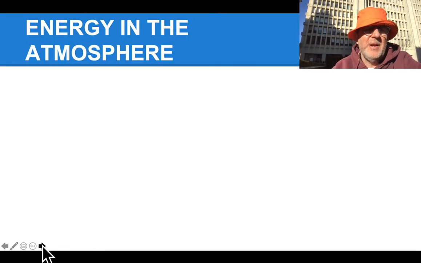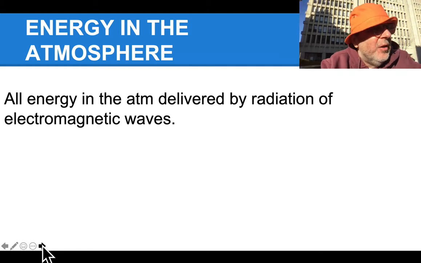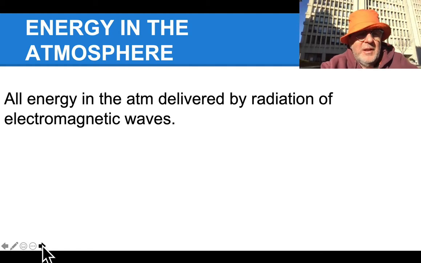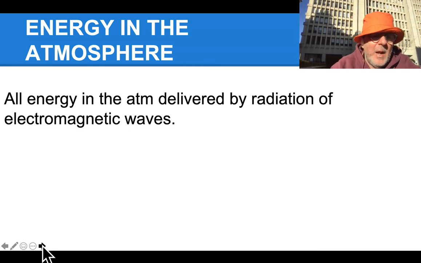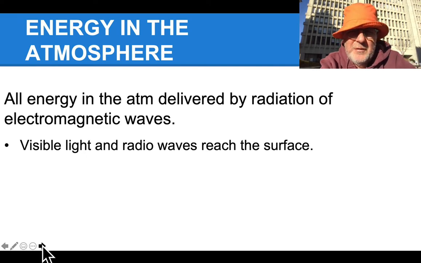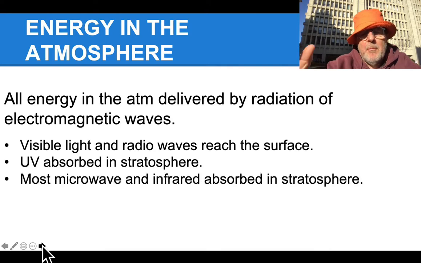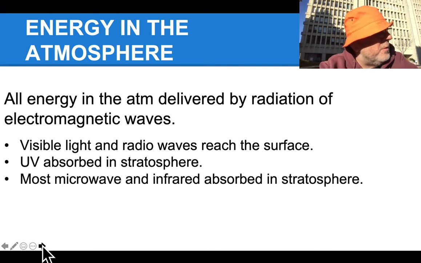Energy in the atmosphere is our next subject. All energy in the atmosphere is something you already know about. It's delivered by the radiation of electromagnetic waves. Visible light and radio waves reach the surface. UV is absorbed in the stratosphere, except for a little bit. A little bit of infrared reaches the surface, but most microwave and infrared is absorbed.